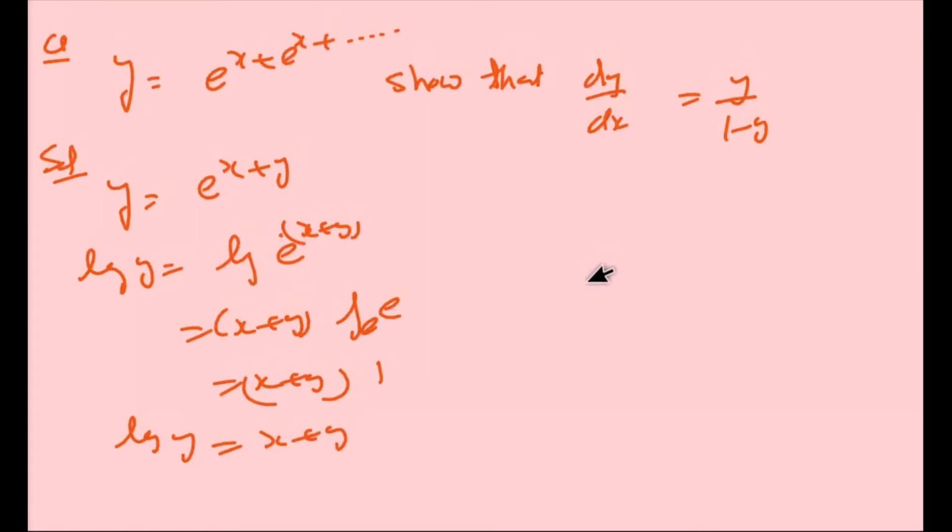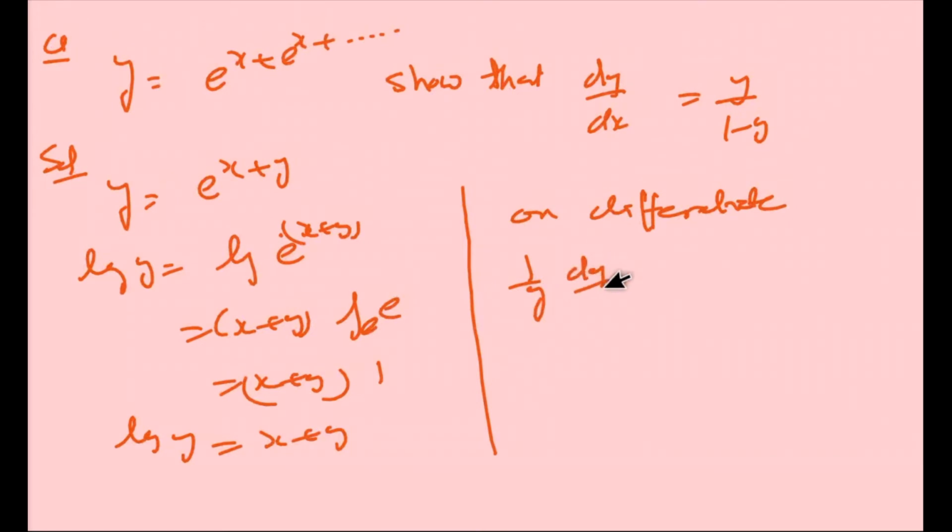Okay, so now on differentiating both sides, 1 upon y dy by dx, implicit function, dy by dx; the differential of x is 1, so it is 1 plus dy by dx.